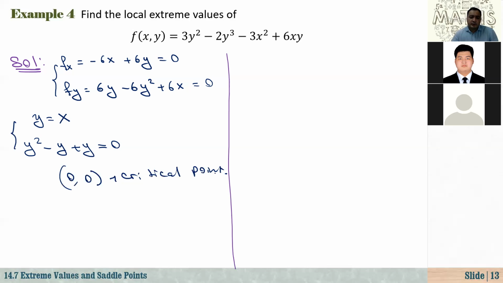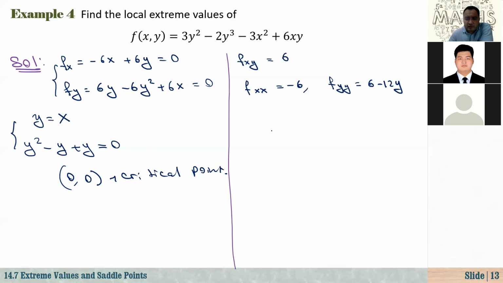Okay. So now, let's find fxy. fxy, differentiate one more time, is equal to 6. And fxx is equal to -6. fyy is equal to 6 minus 12y, right?